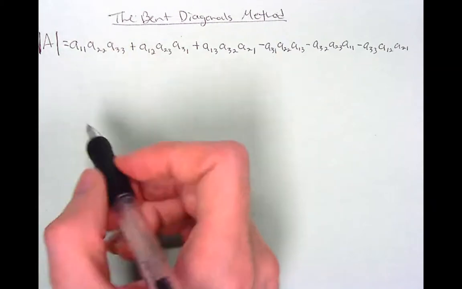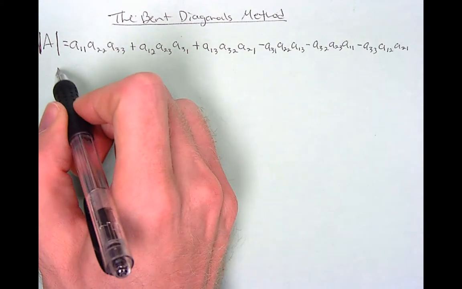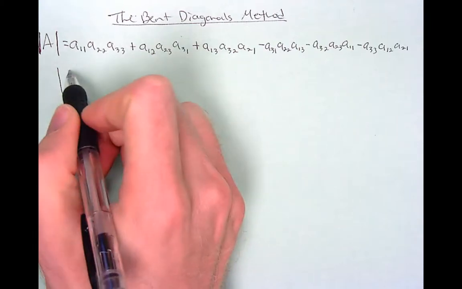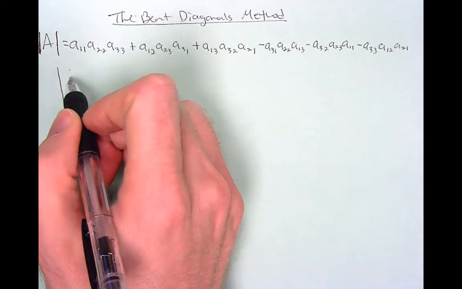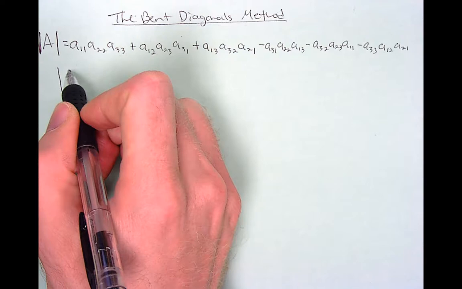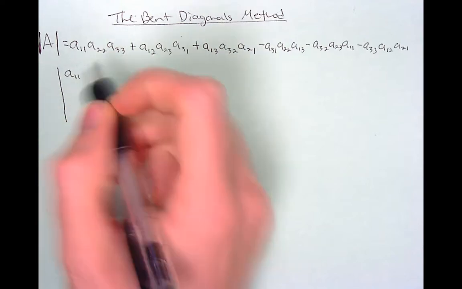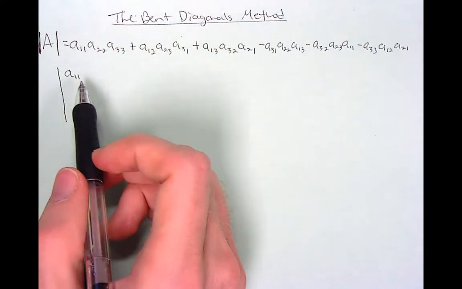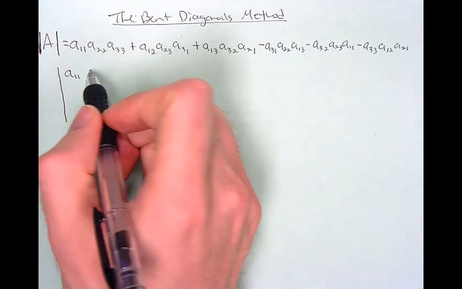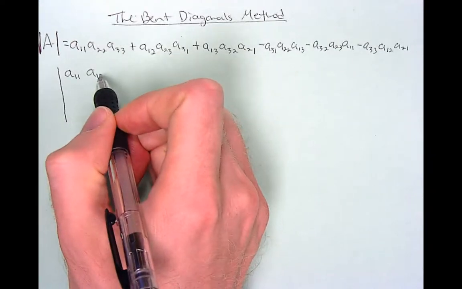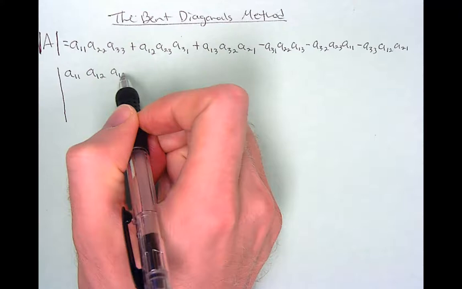Well, if you write our A matrix out, denoting the value of this element as A sub 1,1, that means it's in the first row, first column. So this one would be first row, second column, first row, third column.